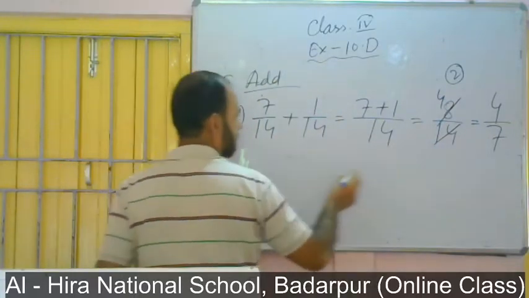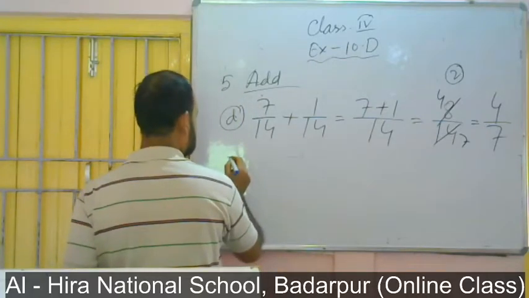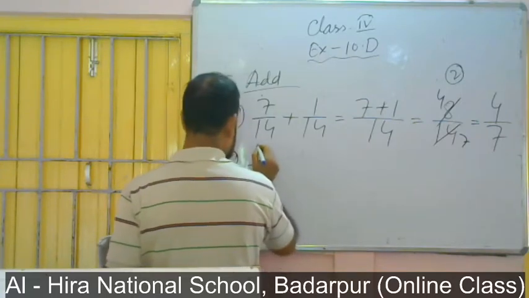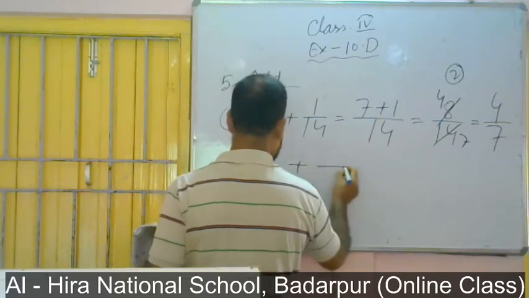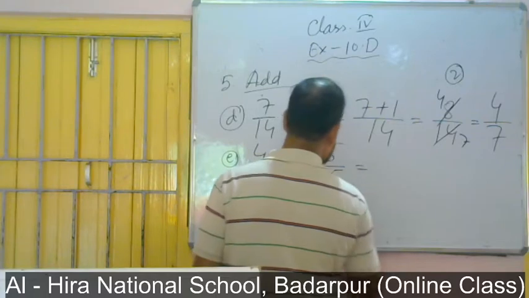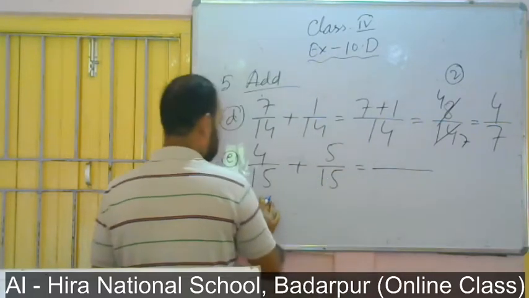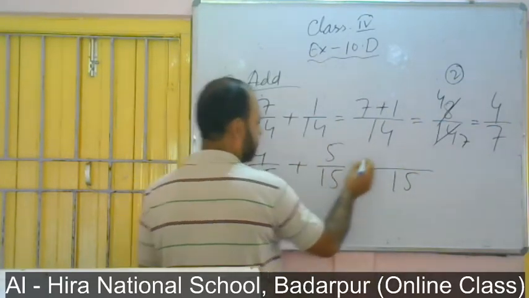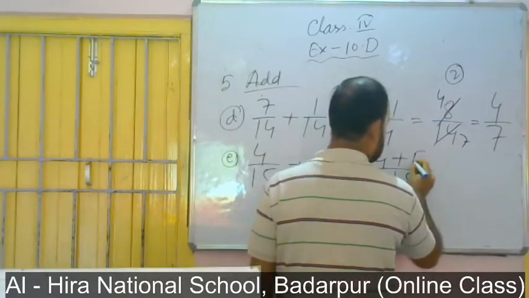Question number E. 4 by 15 plus 5 by 15. So the common denominator is 15, and numerator 4 plus 5.